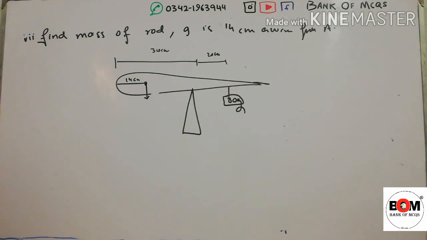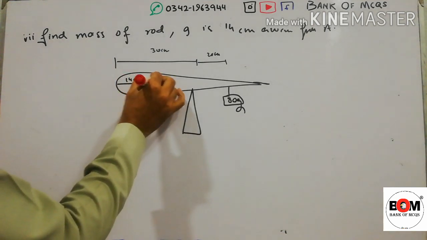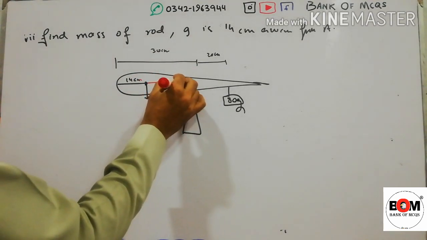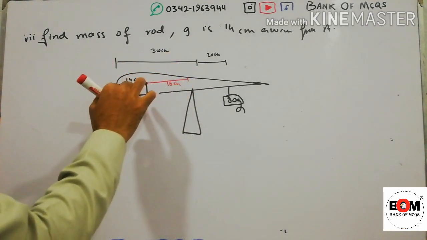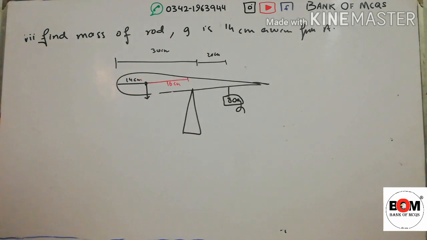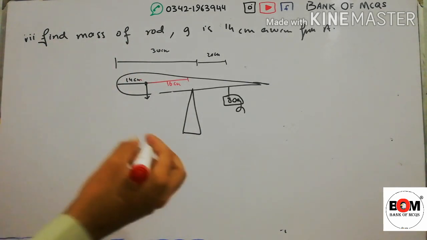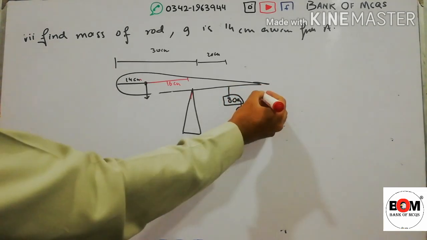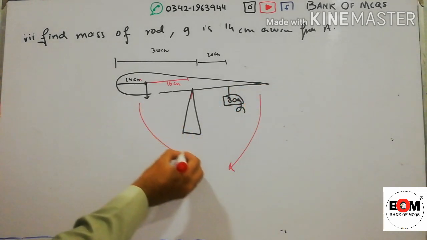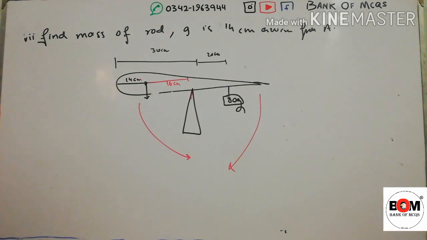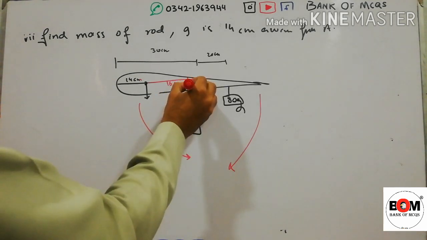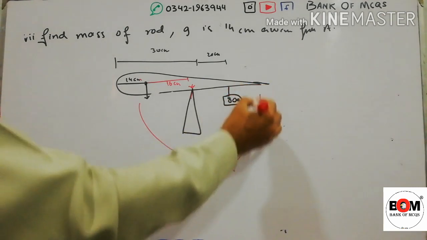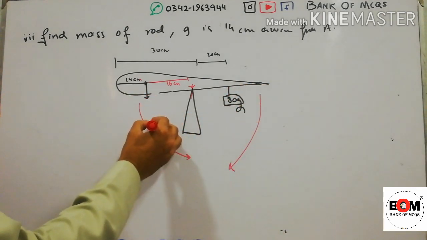Now we have to find the mass. The first step: if this is 14 centimeter, then the other must be 16 centimeter, because the total distance is 30; 14 plus 16 is equal to 30. Now, how will the body rotate? This is the center. Taking this as the center, we know this is clockwise torque and this is anti-clockwise torque.